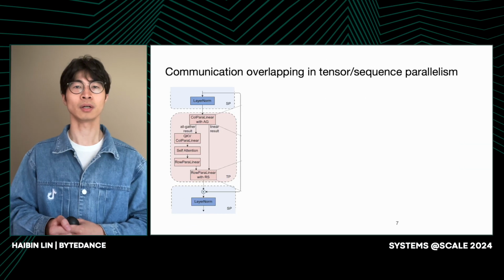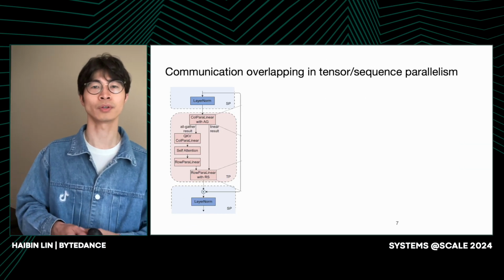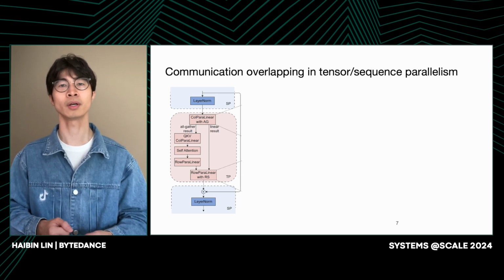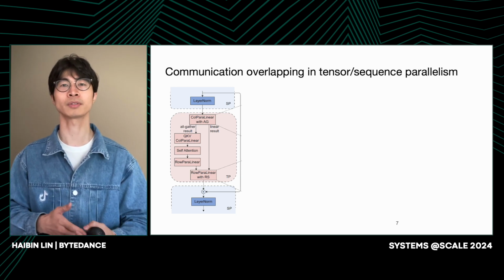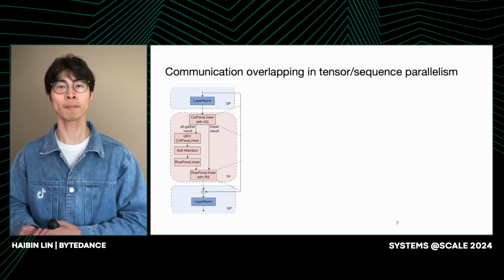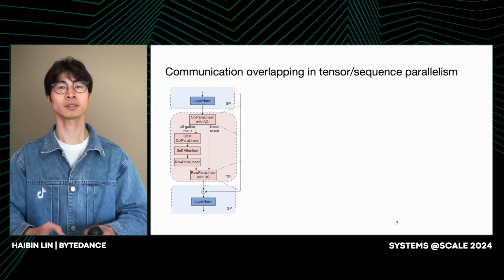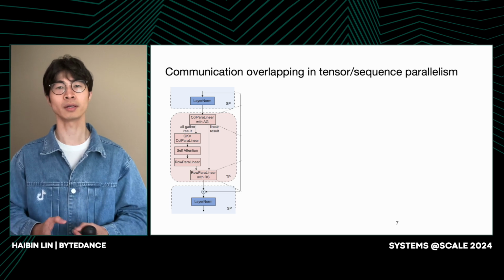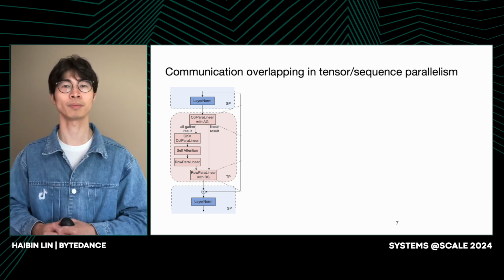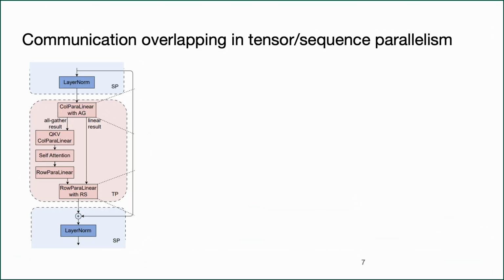So let's look at the case for the intranode communication. This is mainly referring to tensor parallelism or sequence parallelism in typical language model training. It splits one layer of the model training inside a node across different GPUs. On the left, you can see a figure that is one variant of the transformer architecture.